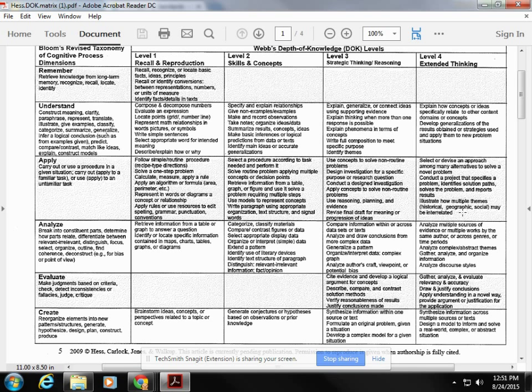And then level 4 would be analyze multiple sources of evidence or multiple works by the same author or across genres or time periods. Okay. So thinking about Webb's depth of knowledge, we see that under analyze there are 4 levels. We see with understand, there's 4 levels of understanding.